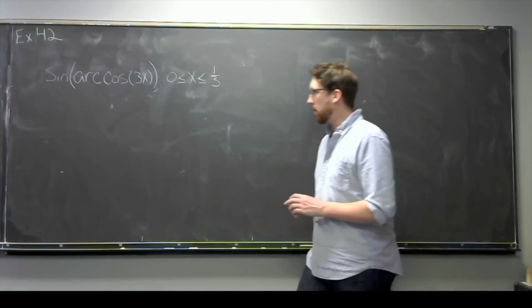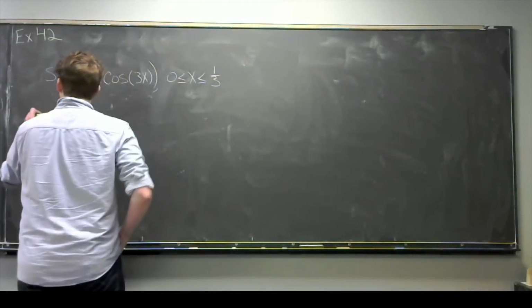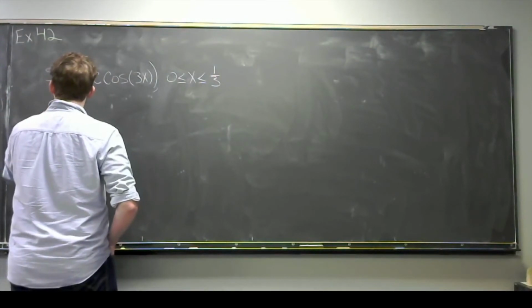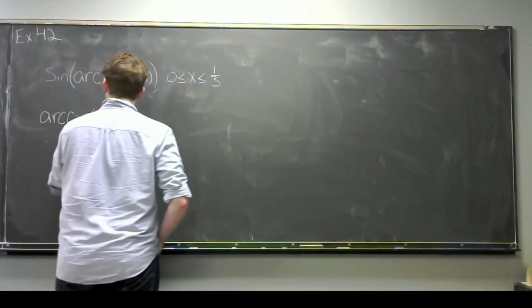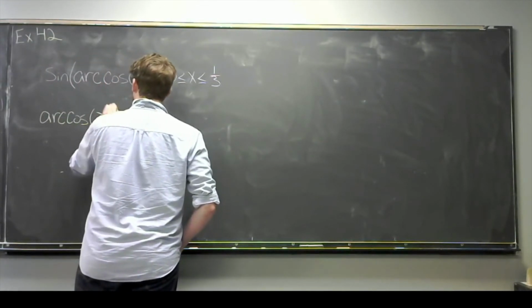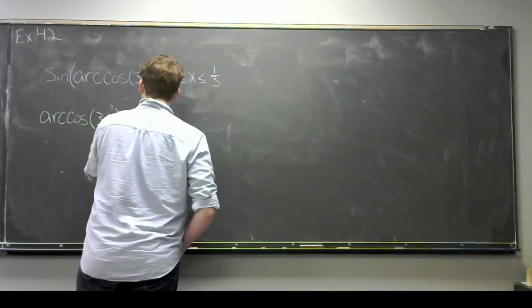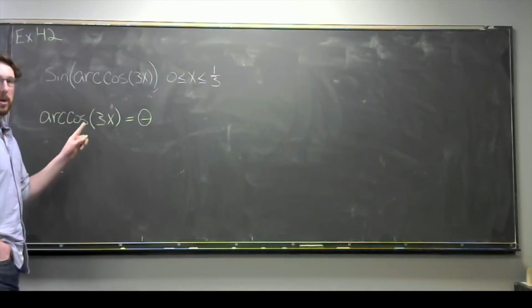We're going to start by saying, okay, because arc cosine of 3 times x is equal to an angle, we know this.